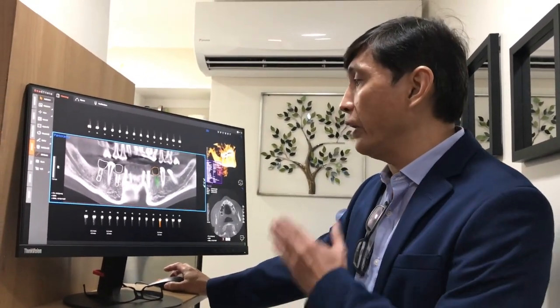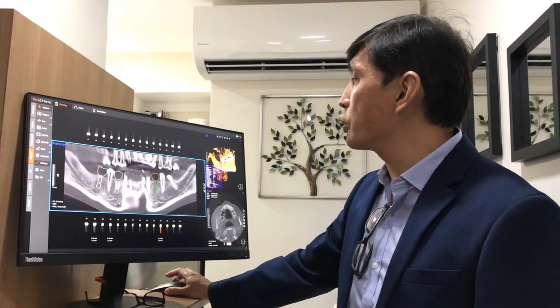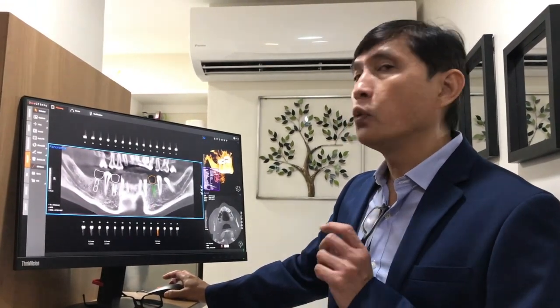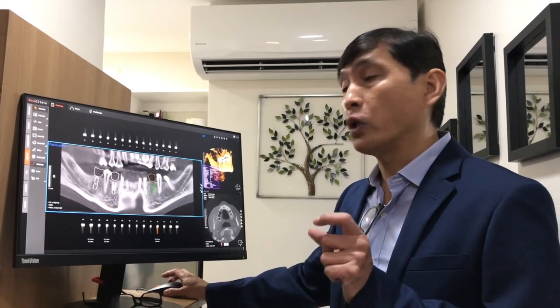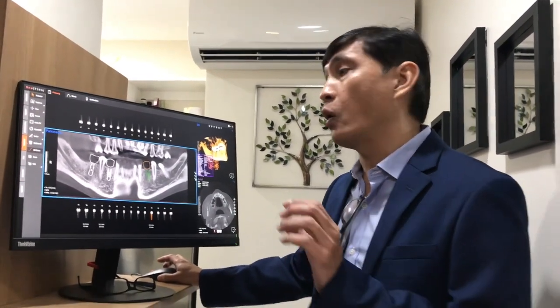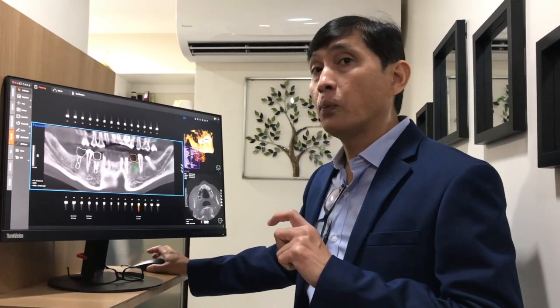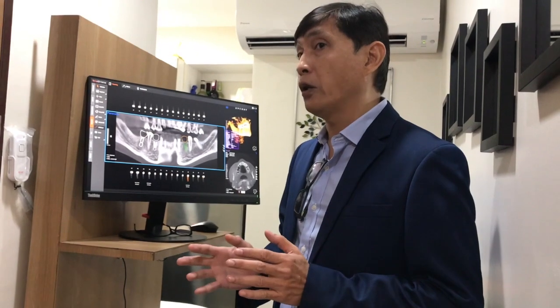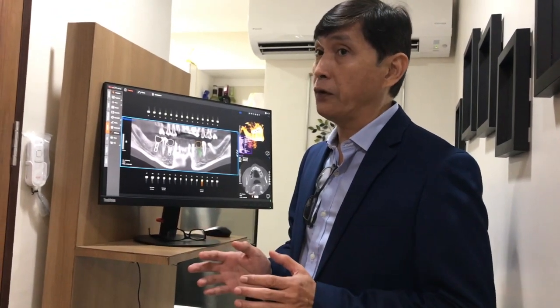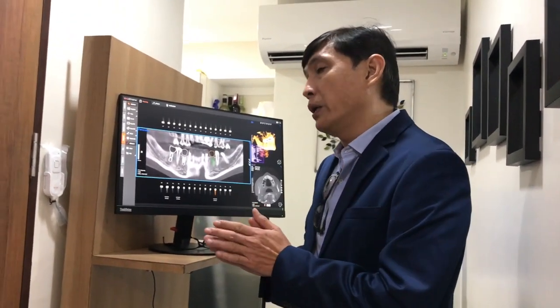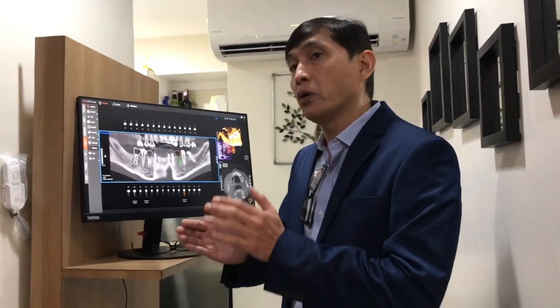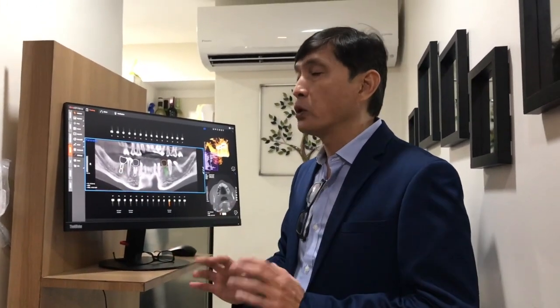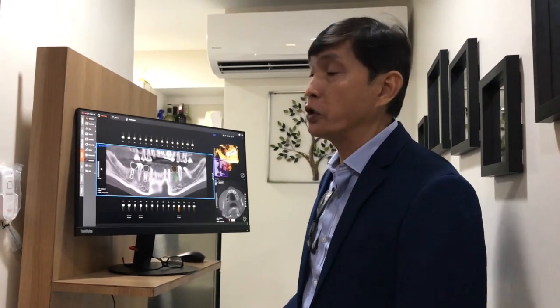You will also know if the patient is a candidate for implant, because we'll know how thick the bone is and the length of the bone, because implant is not just placing metal in the mouth, no? I mean, metal on the bone. There are parameters that we have to follow if the implant is going to be successful. It has to have this much thick bone on each side of the plate. So those are the things that we have to consider.